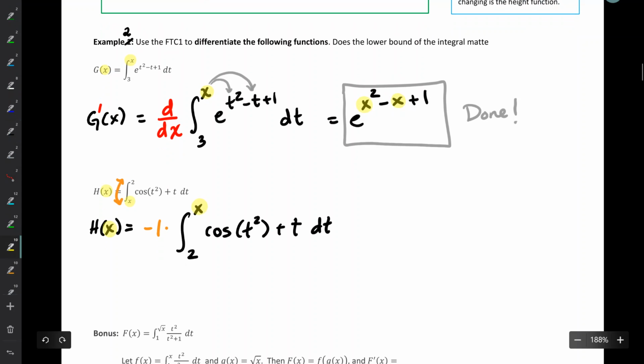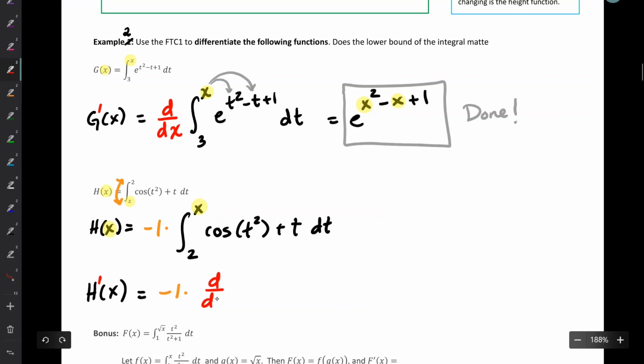Alright, so now when I take the derivative of h, I have a constant times the derivative of the function, which is just the constant, that -1, times the derivative of my h.